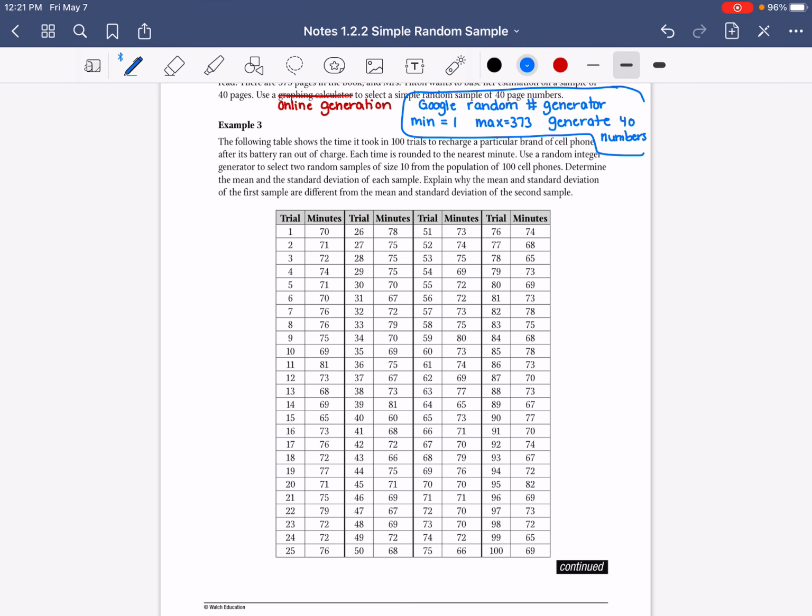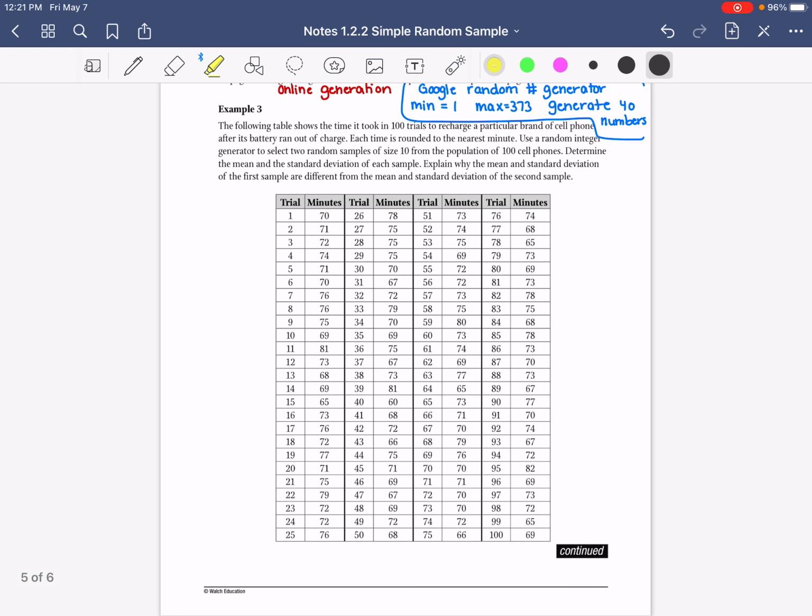I'm just going to Google random number generator. I'm going to do my minimum as 1, my maximum of 100, and then I'm going to generate 10 numbers. My first number is 76, and I'm just going to highlight it. Generate, I get 74. Generate, I get 56.